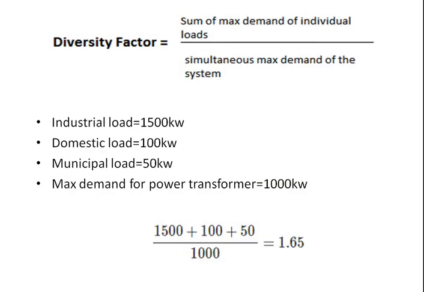diversity factor. So diversity factor is the ratio of sum of maximum demand of individual load to the simultaneous maximum demand of the system. Here we have taken an example. So there are many types of load, like domestic load consists of lights, fans, refrigerator, heater, television, AC, etc. So the maximum demand of residential loads or domestic loads occurs typically during the evening time.